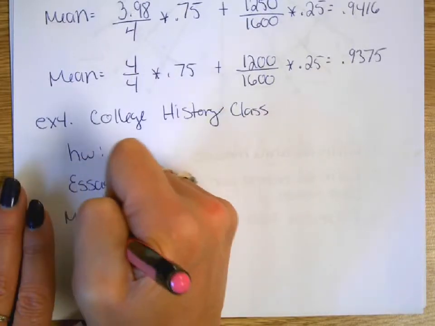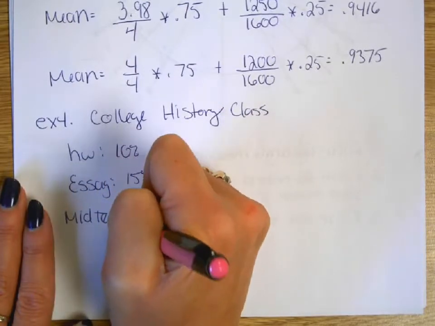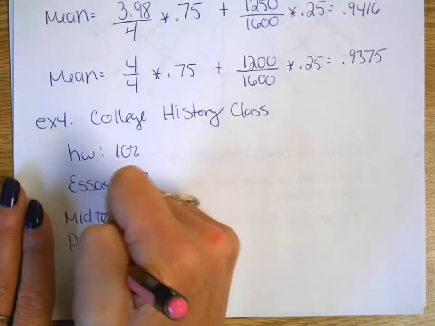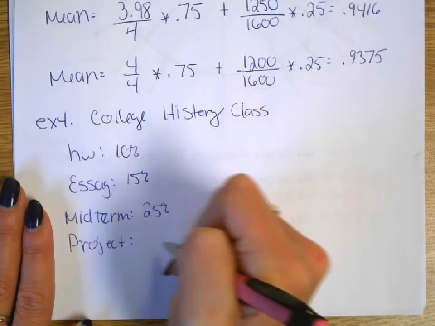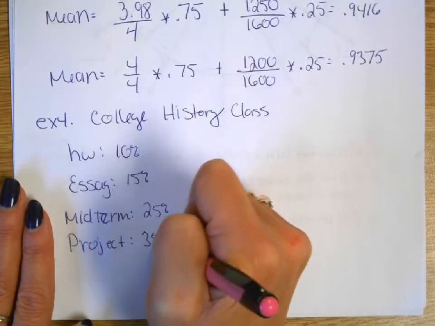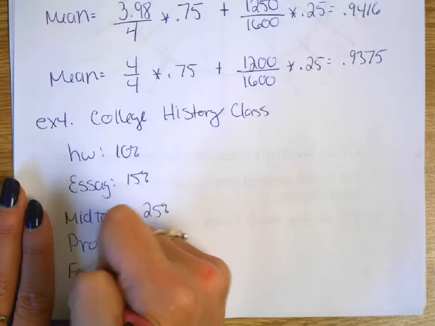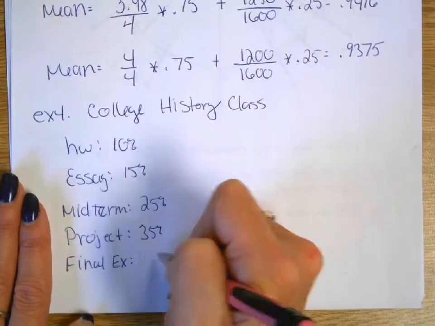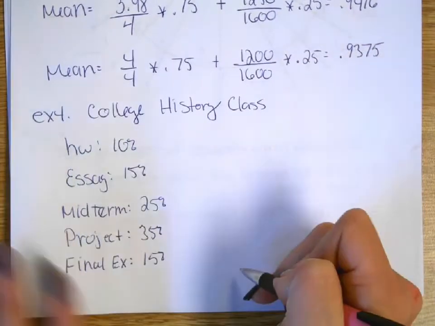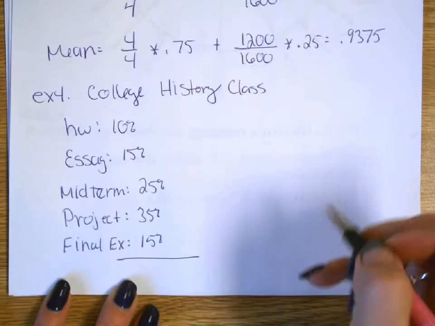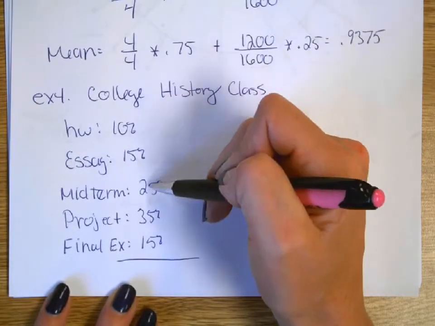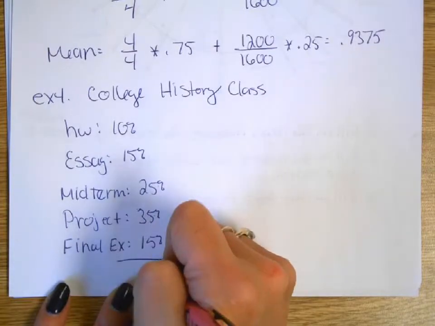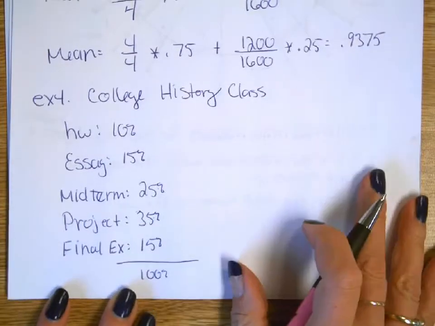The midterm exam is going to be 25%. There's a project for 35% of the grade. And the final exam is going to be 15% of the grade. Does this make it to 100%? 25, 50, 85, yep, 100%. So our weights make 100%.